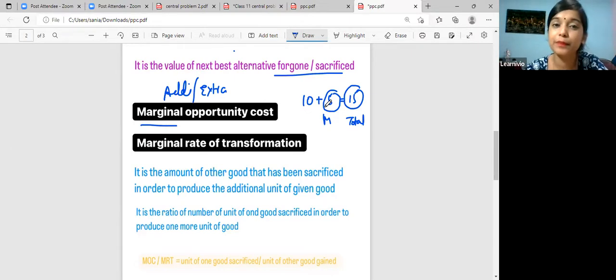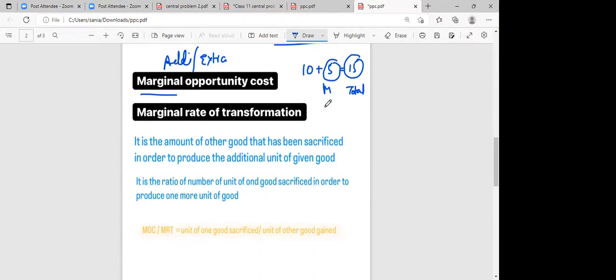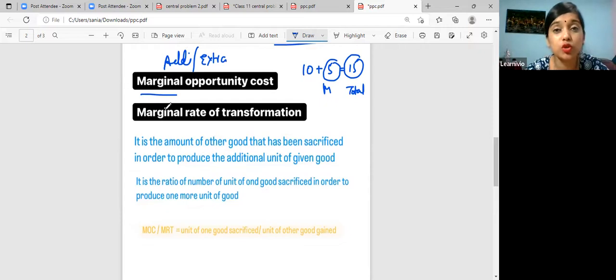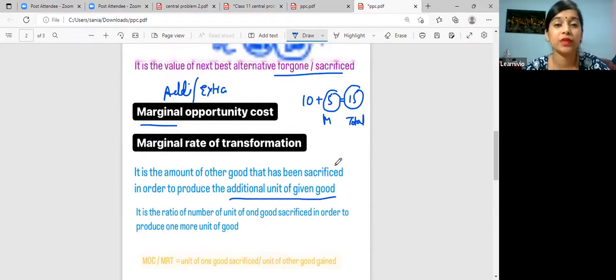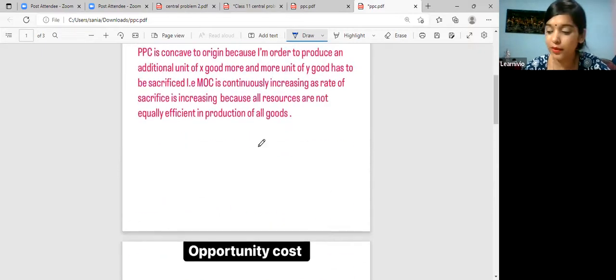Clear? Yes, ma'am. Okay. So marginal opportunity cost is also known as marginal rate of transformation. It is the amount of other good that has been sacrificed in order to produce the additional unit of given good. You are getting it? For example, you have 4 pieces of wood. You decided that you will produce 2 furniture and 2 paper.